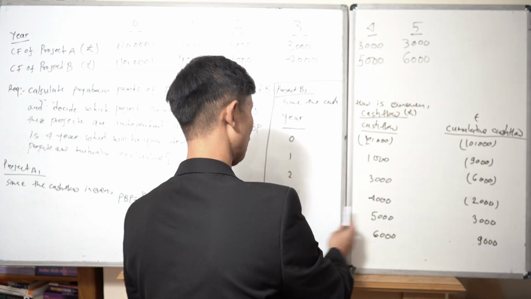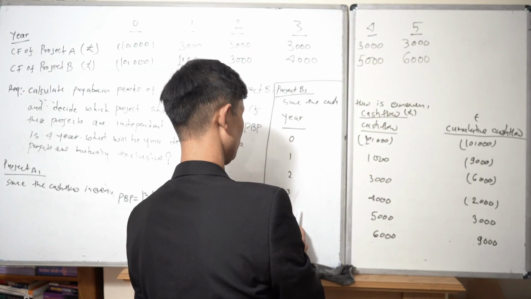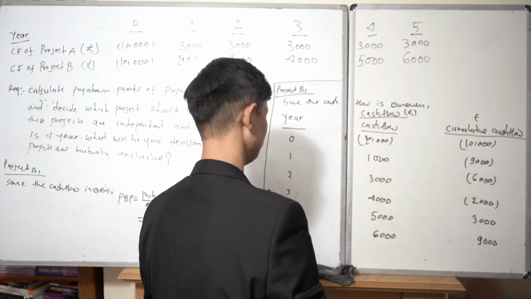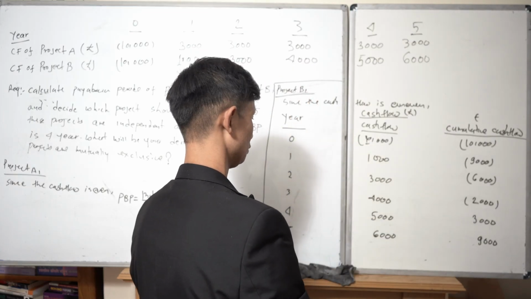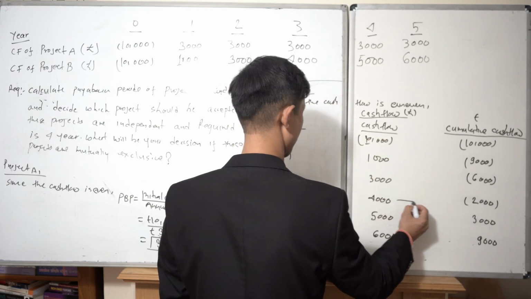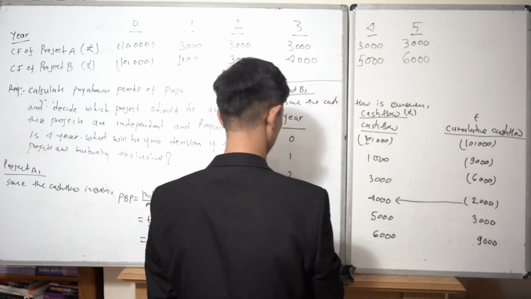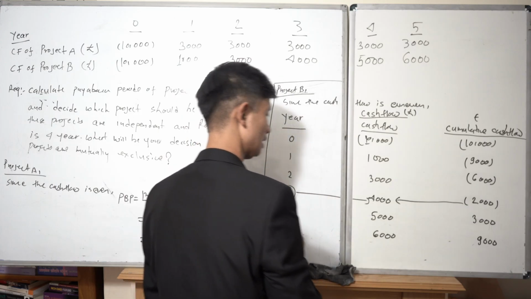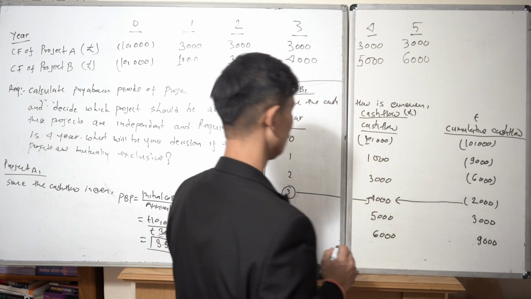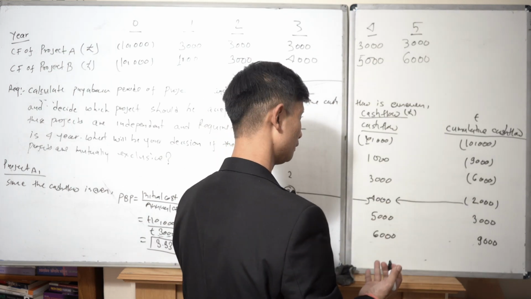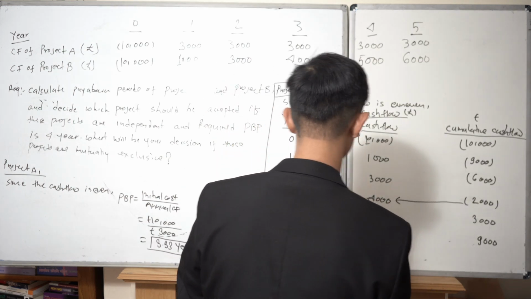That means in year 4 the cumulative cash flow is positive by 3,000. So just before that, at the beginning of year 4, our project starts to give the positive cash flow.